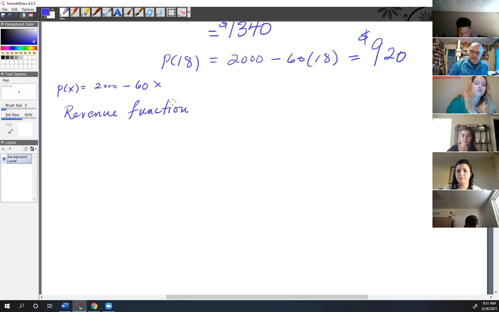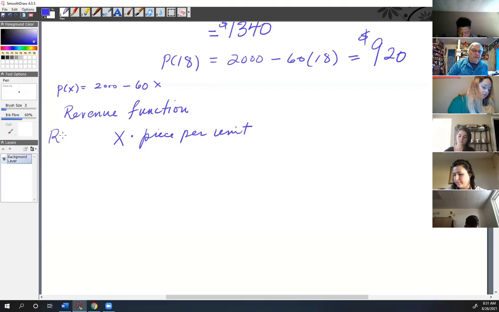So the revenue is going to be how many units did you sell times the price per unit. And that's all revenue is, right? That's pretty simple. That's all it is.